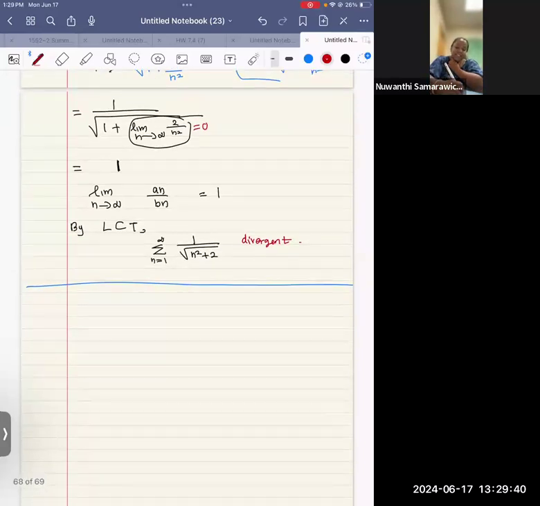So let's do the next section, and that is called 11.5, alternating series test.